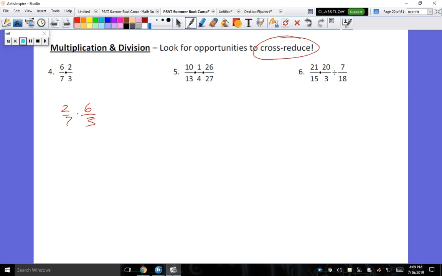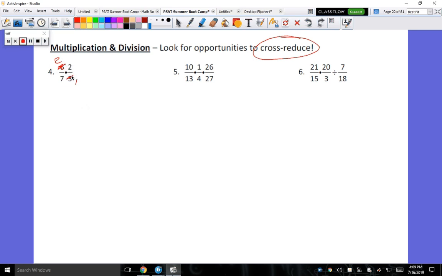Why can I do that? Because it's multiplication, commutative, order does not matter. How many terms do you see, guys? 1. It's all one term glued together with multiplication. So order doesn't matter. That means I could do this if I wanted to. So this cross reduce, what it means is this. Don't do that. And just reduce 6 and 3. You see what I'm doing? To 2 and 1.